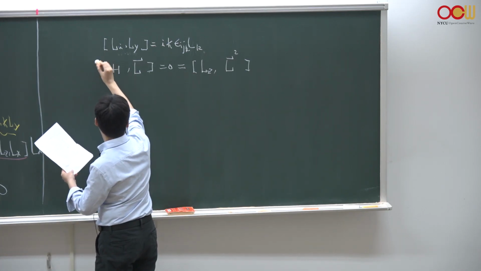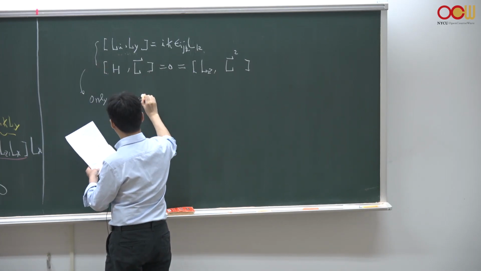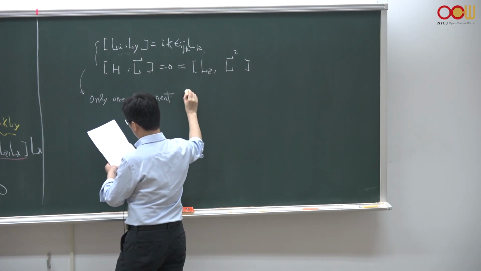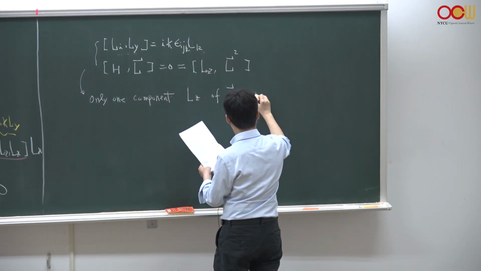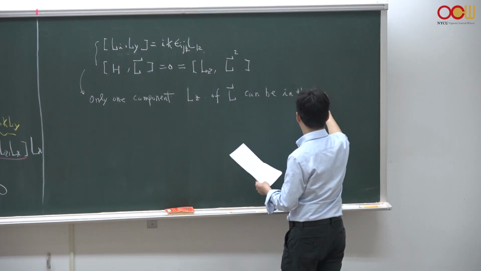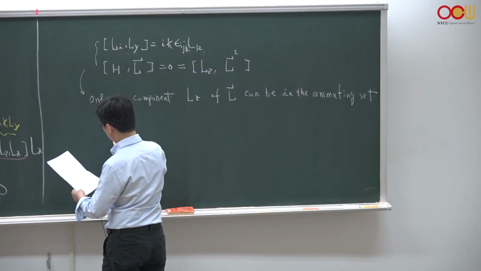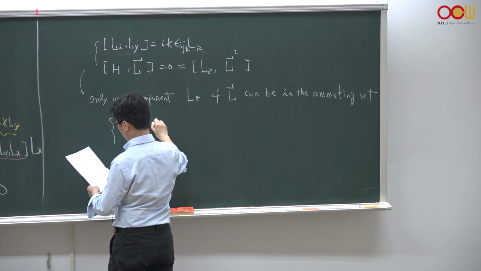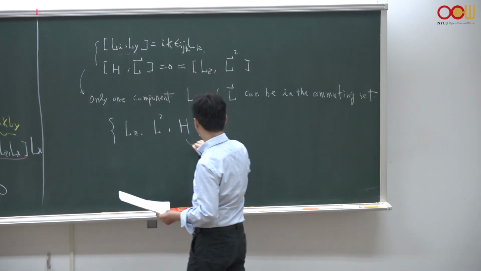This tells us that only one component of the L vector, which is Lz, can be in the commuting set, which means that you could only choose Lz, L squared, and the Hamiltonian.